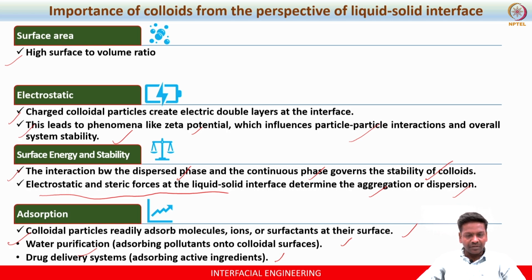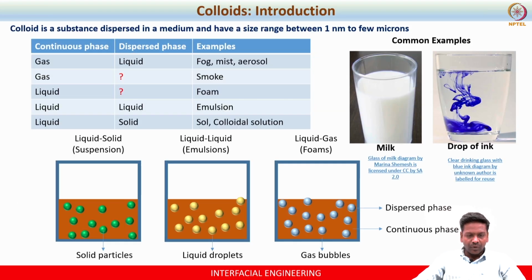So there are various advantages when we study the importance of colloids from the perspective of the liquid solid interface in detail. Okay, so let's understand some of the basics.